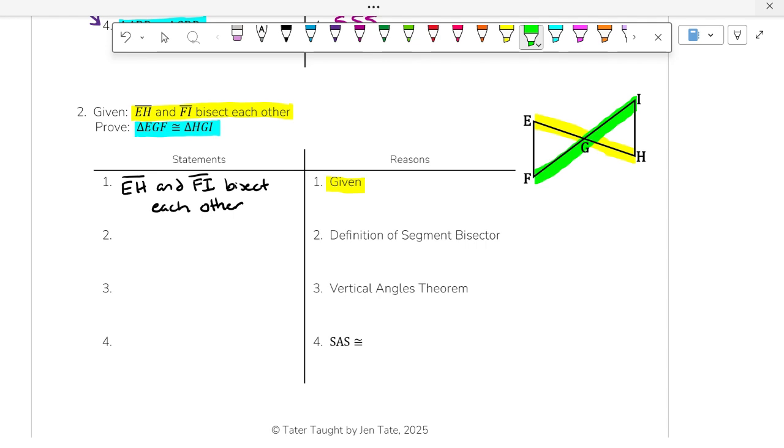Two lines that intersect, but what do they do to each other? They cross each other. Well, they cross each other, but that's just intersection. But a bisector does something specific. It's the same thing as an angle bisector. What did I say an angle bisector does? It's on your paper, guys.